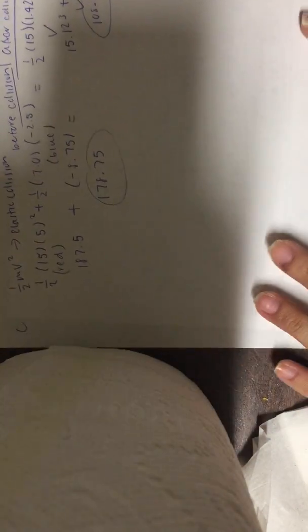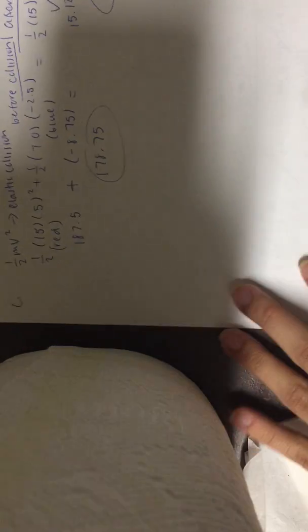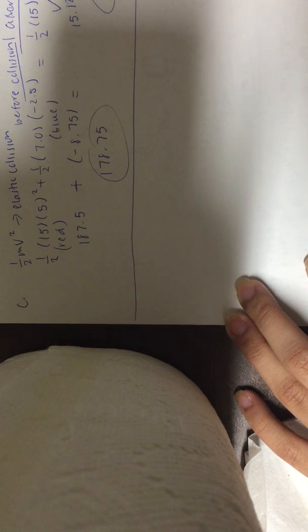The last one is long, but I'll try to explain it the best I can. Okay. It's about the bullet and the pendulum, the length and the mass.